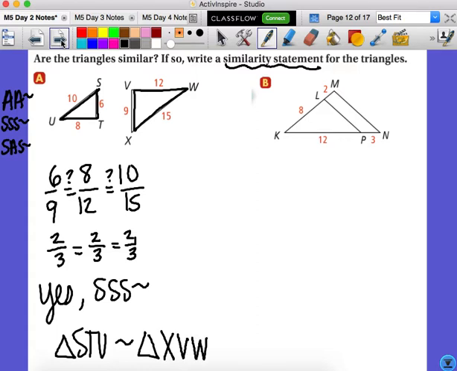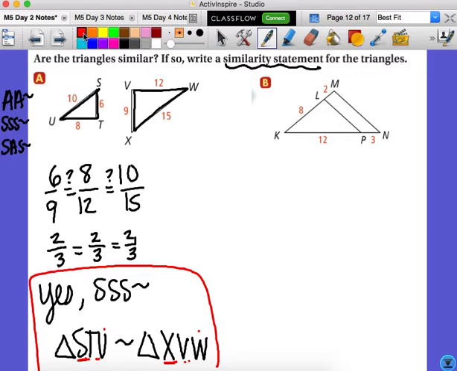And you don't have to do those from smallest to largest order, but what you do want to make sure is whatever order you pick, S always corresponds to X, T always corresponds to V, and U corresponds to W within their locations. So these are similar by side, side, side, and then we've written our similarity statement.